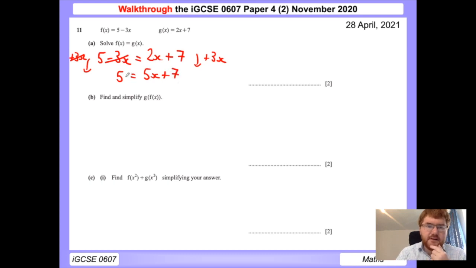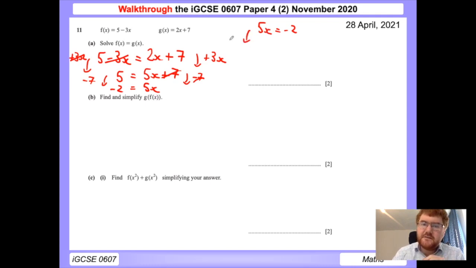Okay, and then at this point, we want to get the 5x on its own. So what's the opposite of plus 7? That's going to be minus 7 on both sides. This cancels, so we get 5x on its own, which is what we wanted. 5 minus 7 is minus 2. Let me just write that up here. And then I can flip it across, that's fine as well, because it's an equation.